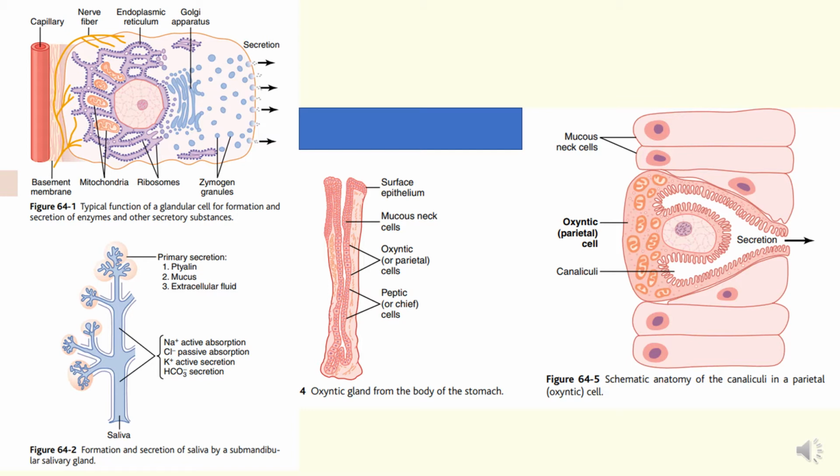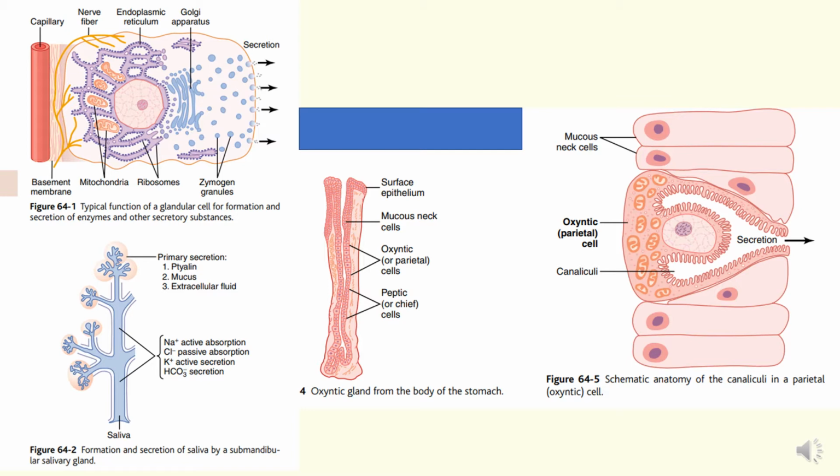So here I am presenting some figures. The figures show typical function of a glandular cell for formation and secretion of enzymes and other secretory substances. The other shows formation and secretion of saliva by the submandibular salivary glands. The primary secretions are ptyalin, mucus, and extracellular fluid.